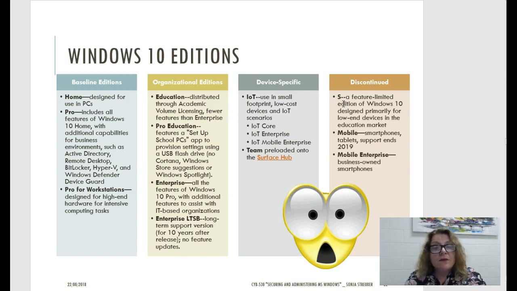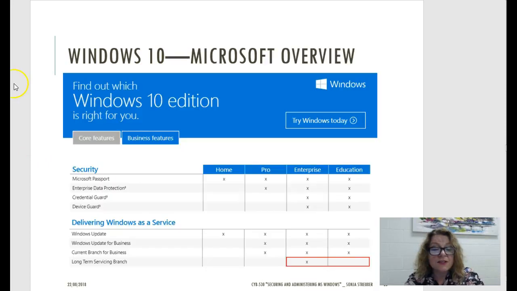We've seen that on Nokia phones, that's being phased out, and Mobile Enterprise for business-owned smartphones is also on the wane. So when we talk about Windows 10 and the PC editions, really we're looking at the baseline editions and the organizational editions.